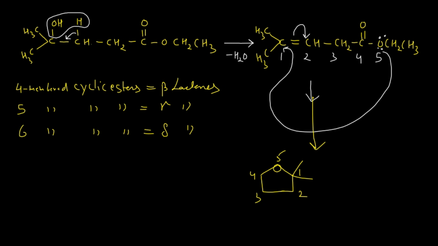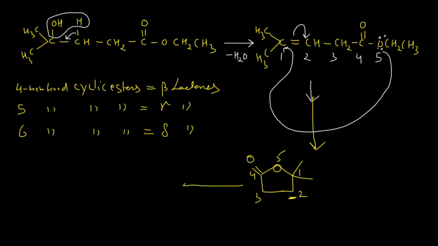Your number 4 is your carbonyl group, so convert this into the carbonyl group by putting a double bond oxygen. When you do this, you will find carbon number 2 will carry the negative charge due to the shifting of this electron pair onto this carbon. So you put the negative charge here, and you have formed this particular compound.